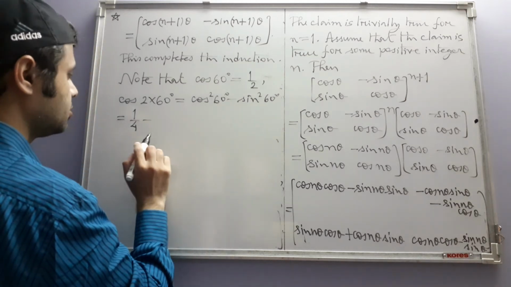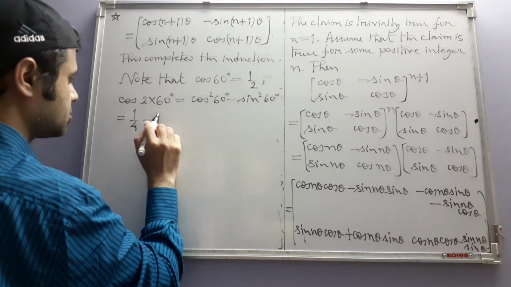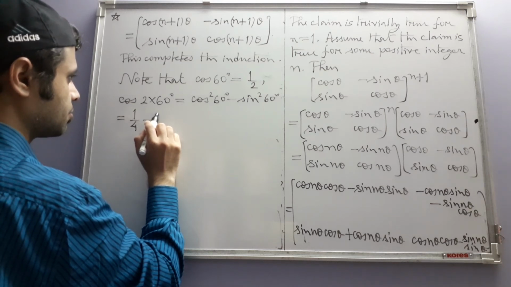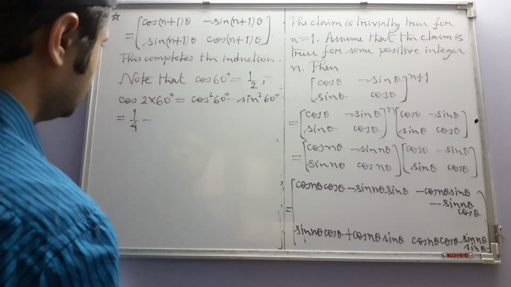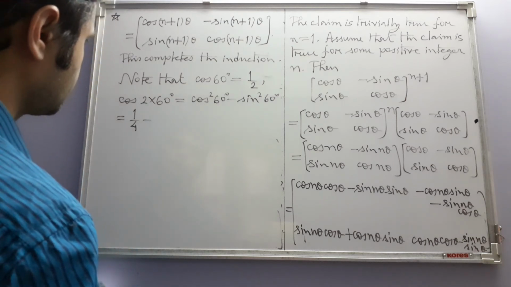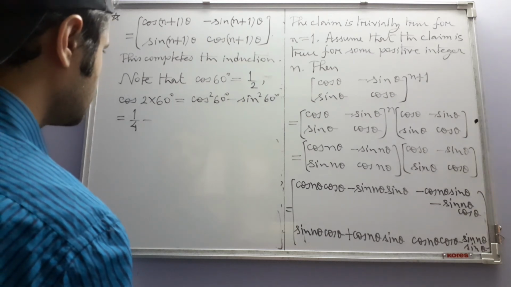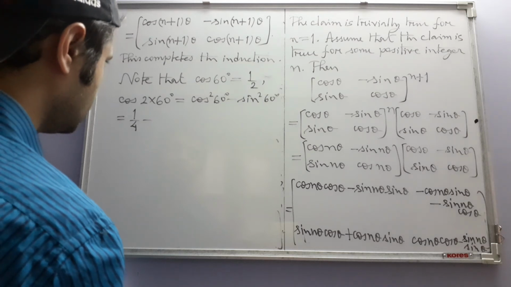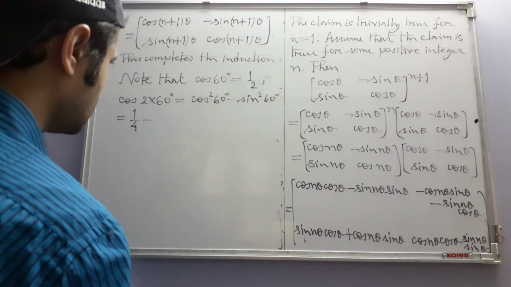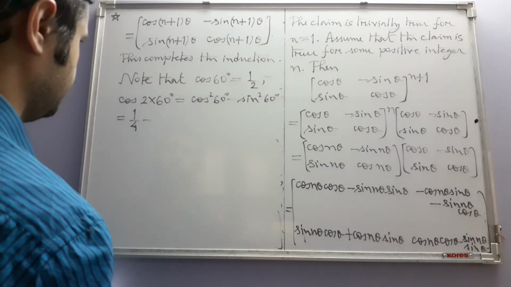Sin 60 is square root of 3 divided by 2. Okay, am I getting it correctly? Cos 2 theta is cos square theta minus sin square theta, fine. So cos 60 is 1 over 2, sin 60 is root 3 over 2.